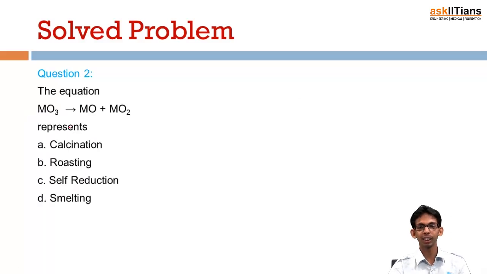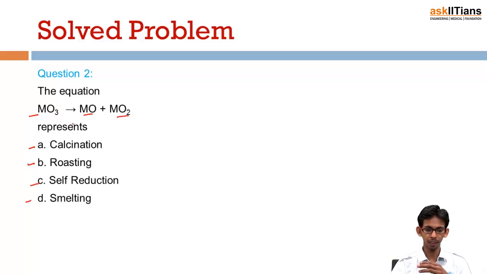Now what does this reaction indicate? We have magnesium carbonate, which is converted into oxide and carbon dioxide. Is it calcination, roasting, smelting, or self-reduction? Calcination is the process of converting carbonate into oxide.